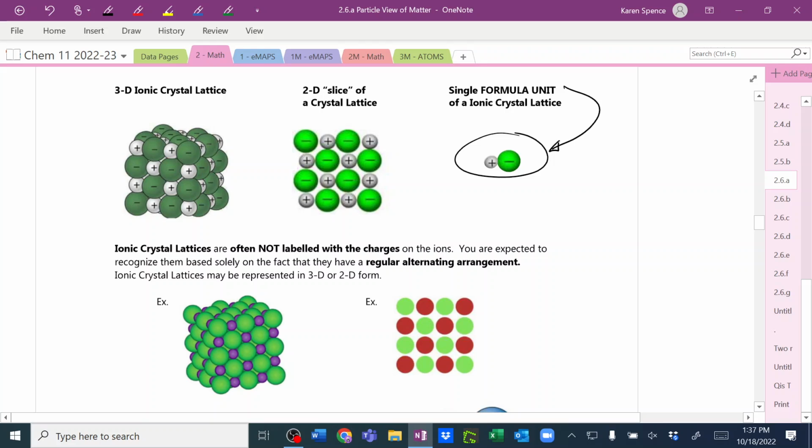This is not a mixture. You should recognize that probably all of these are negative and all the other ones are positive, even if they're not labeled that way. So that's a little bit tricky.